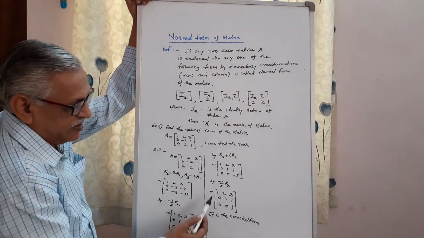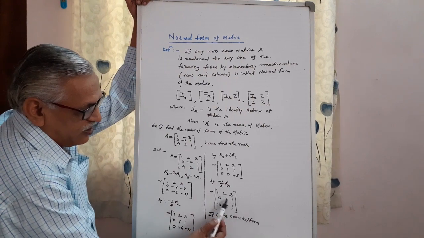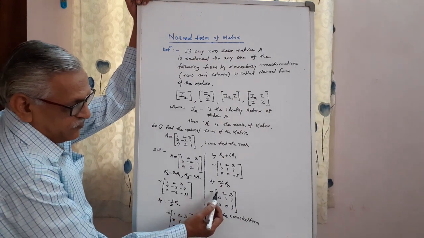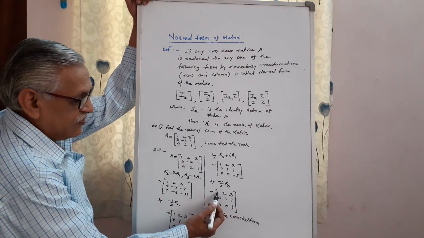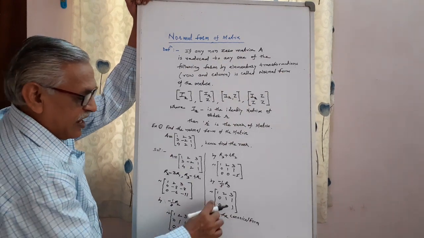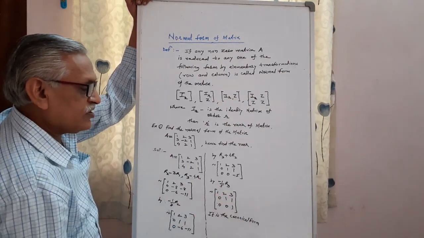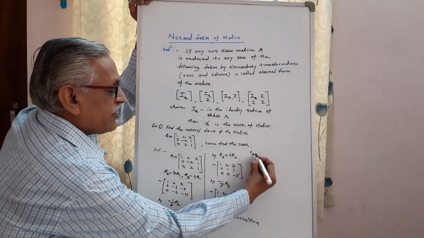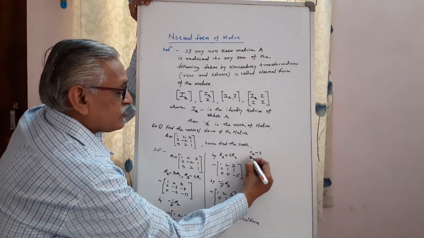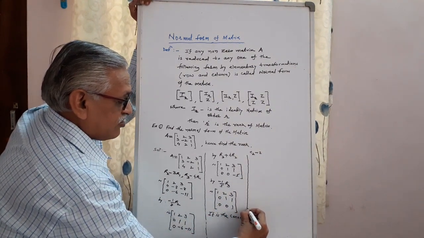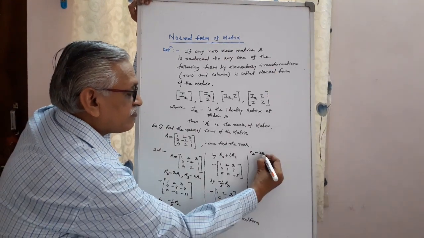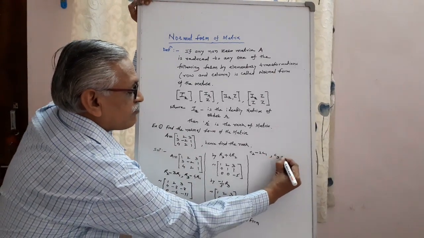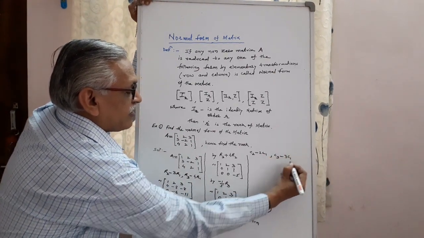In the next part, we convert the upper diagonal elements to 0 by using column transformations. Using the first diagonal element, convert these to 0. The transformations required are C2 minus 2C1, and for this C3 minus 3C1.